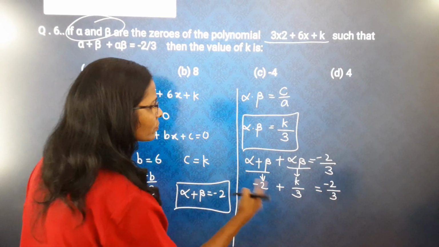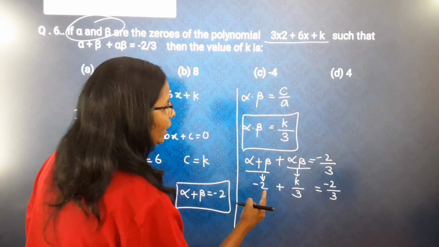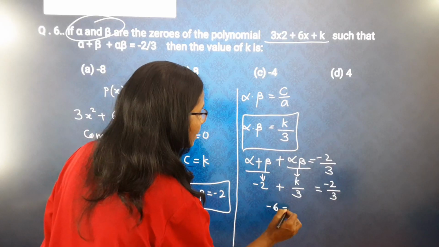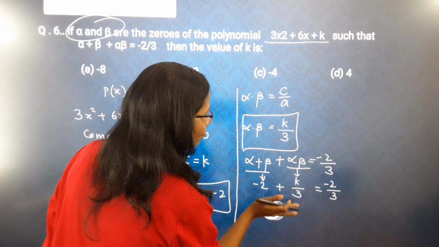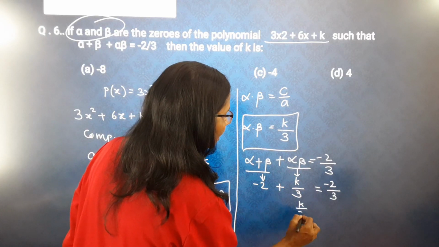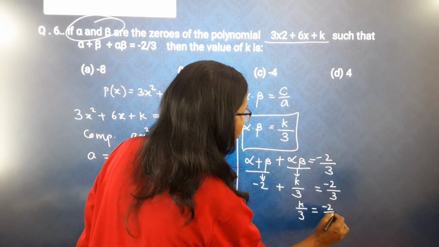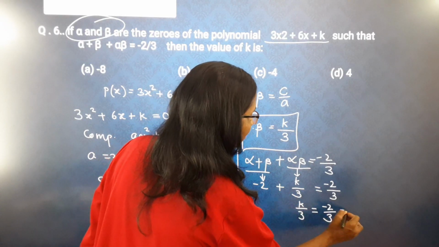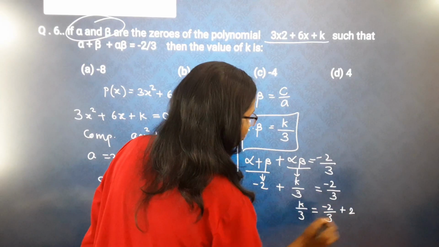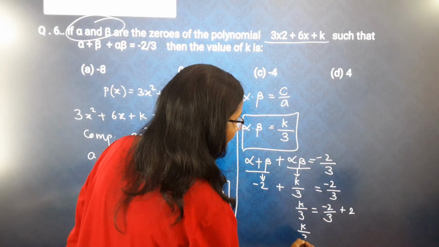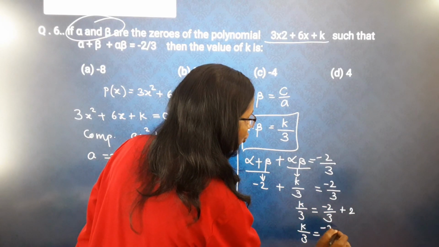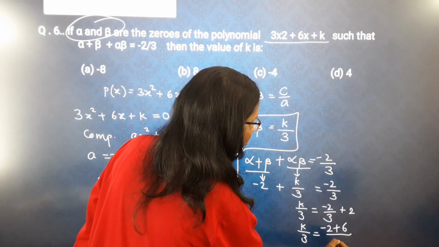Then here we can say that k upon 3 is equal to minus 2 upon 3 and shifting the positive 2. Okay, so k upon 3 is equal to minus 2 plus 6 upon 3.